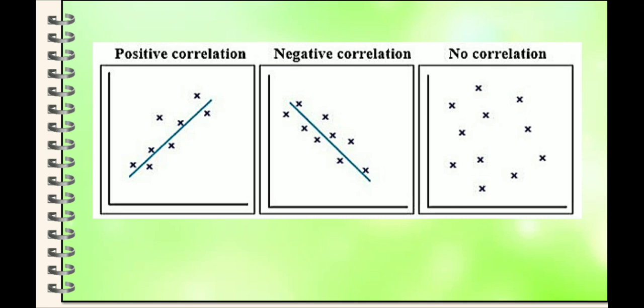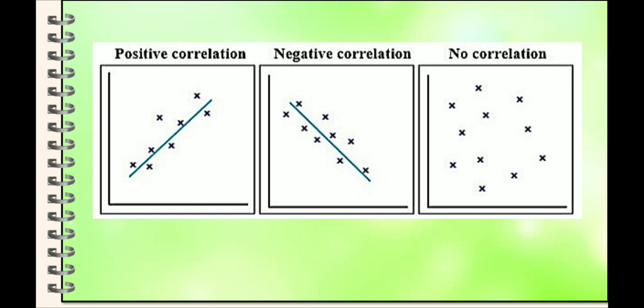So, what is the difference between positive correlation, negative, and no correlation? Again, in positive correlation, the points lie close to a straight line, which has a positive gradient. This shows that as one variable increases, the other increases.